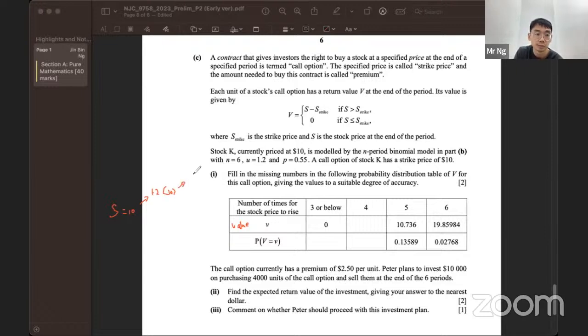So you raise 4 times. Initially it's $10, then you raise 4 times.